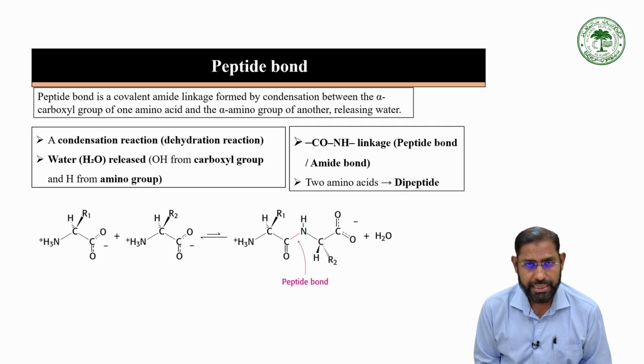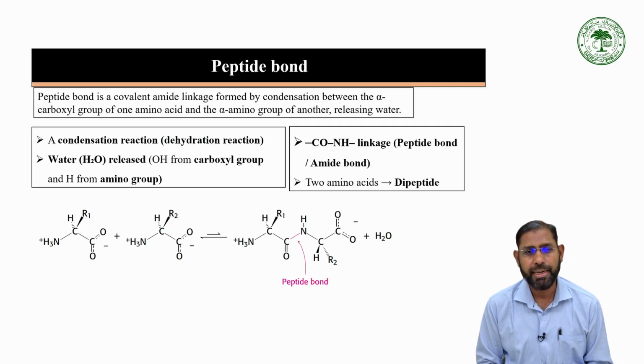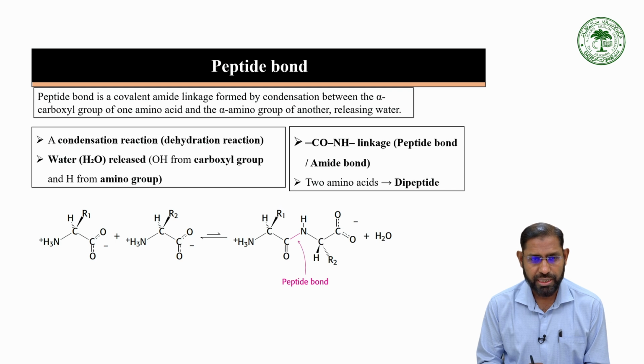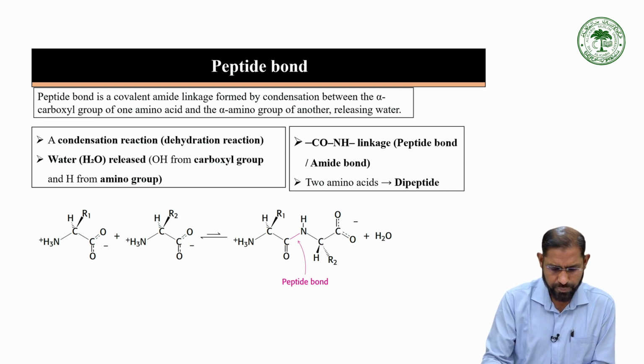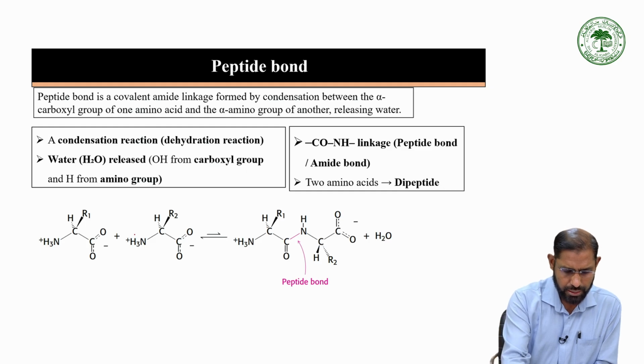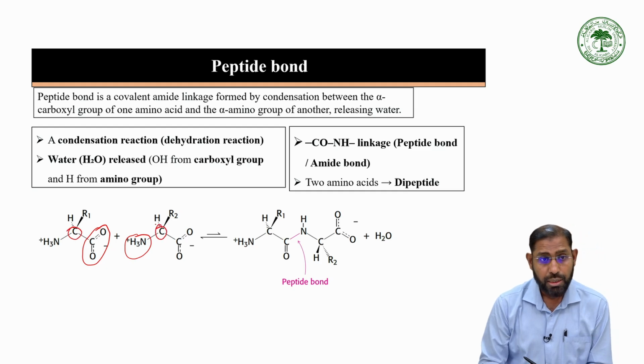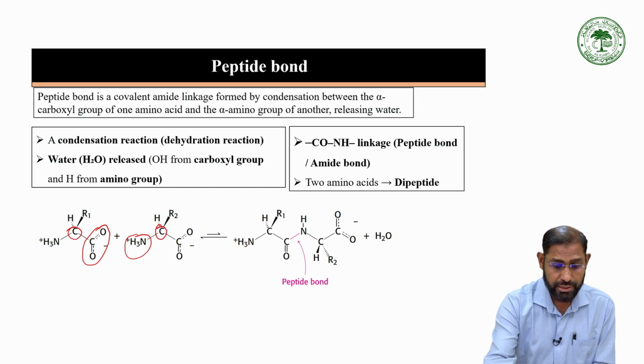Peptide bond. It is a covalent amide linkage formed by condensation between the alpha carboxyl group and the alpha amino group. The condensation reaction is called a dehydration reaction, the removal of water.